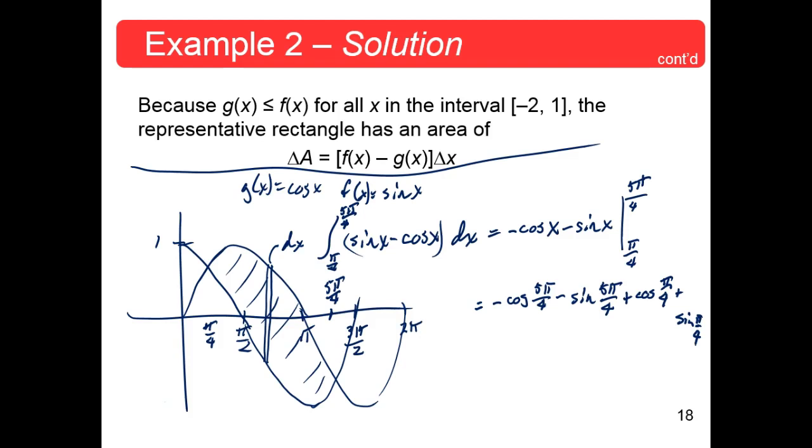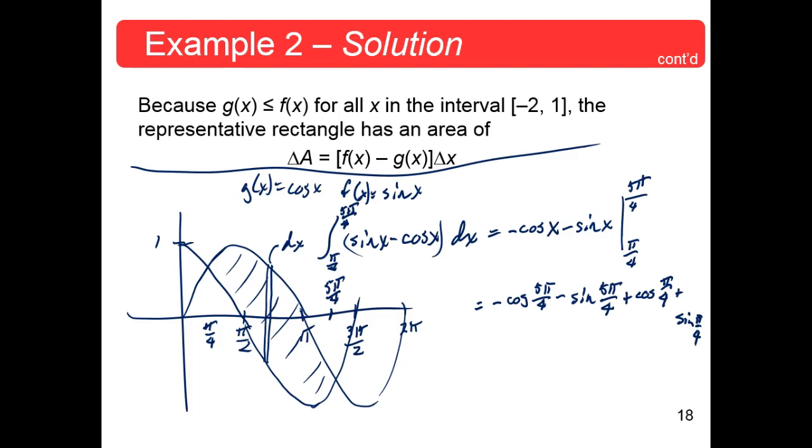Which quadrant are we at? Third quadrant. And what's the sign of the cosine in the third quadrant? Negative. Okay? So minus.